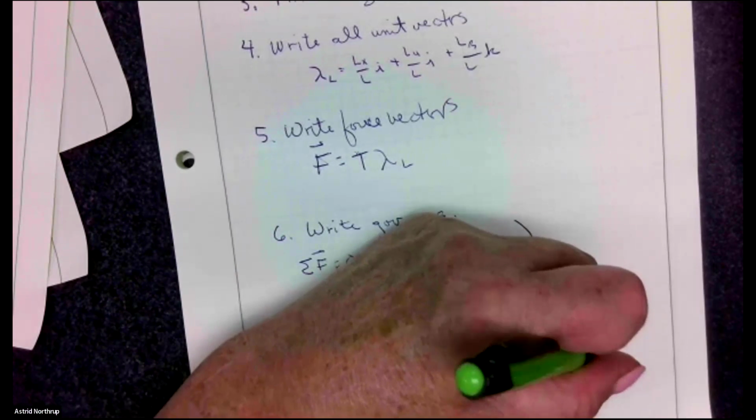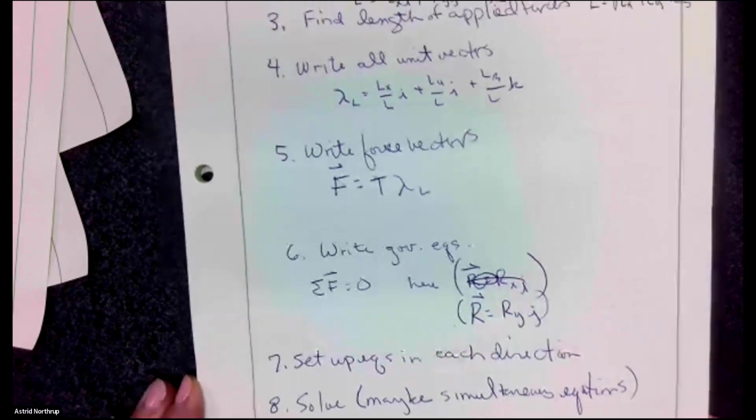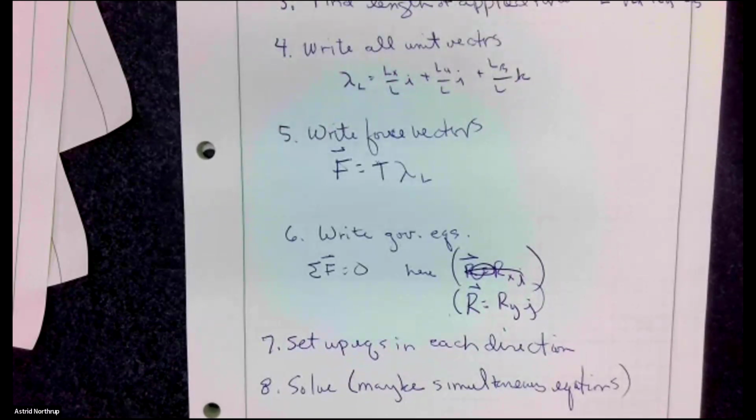In other words, if you have two equations with two unknowns, you may have to set it up as a 2 by 2 array, or if it's a 3 by 3, you may have to do a 3 by 3 array. But if you do these 8 steps, you will always be able to solve these kinds of problems.